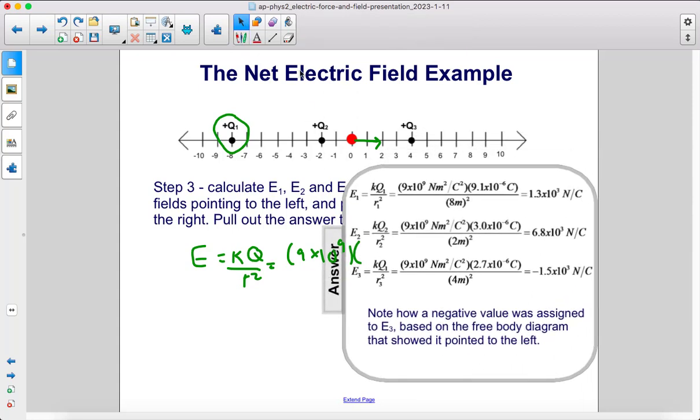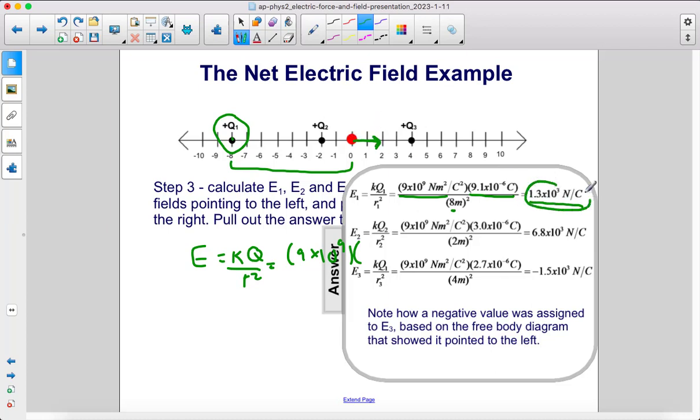So here we have all our values. We have k, and then we have 9.1 times 10 to the negative 6 coulombs, and this charge is 8 units away from the origin. So that distance is 8 meters, and that needs to get squared, and you end up with 1.3 times 10 to the third newtons per coulomb. Now this is going to have a positive value since it's pointing to the right. So this is the length of this vector.